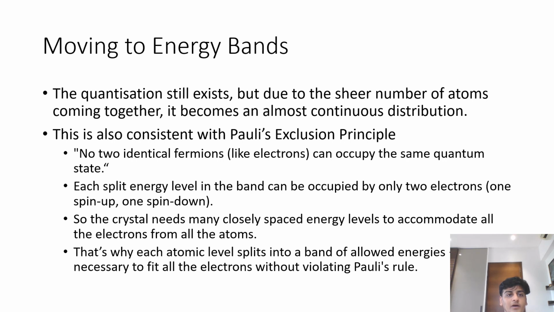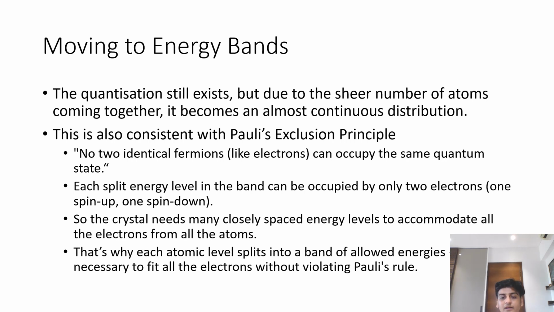Finally, before moving on, I just want to remark on one last thing: when you have an energy level, you're talking about the energy levels of an atom, whereas when you have energy bands, you're talking about the allowed energy levels for the electrons of the material as a whole. So I want you to note this distinction. Energy levels are the energy levels of the electron of a single atom, whereas energy bands are the allowed energy levels of all the electrons of the material as a whole.